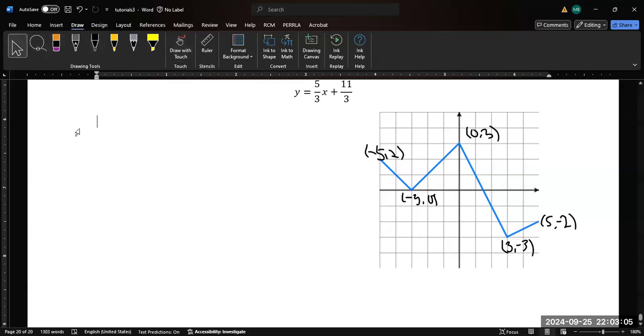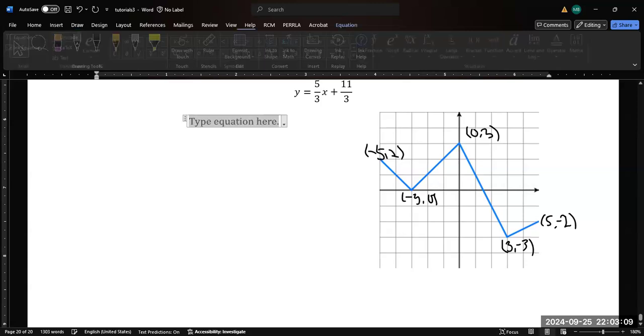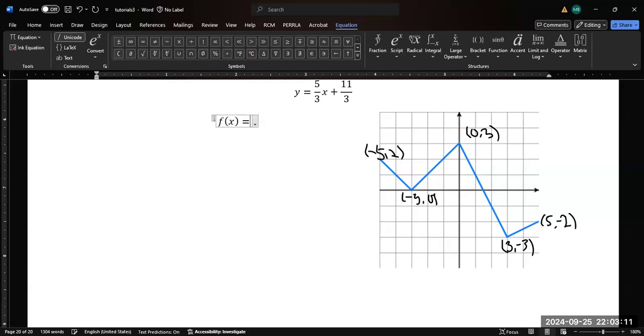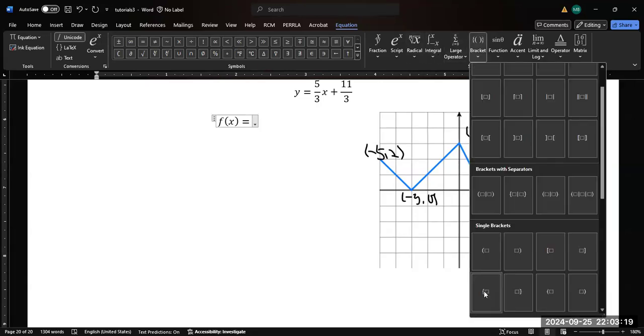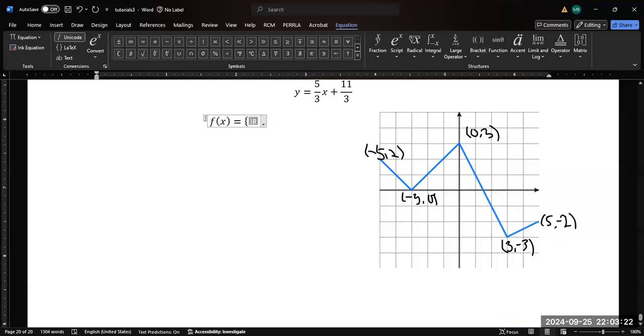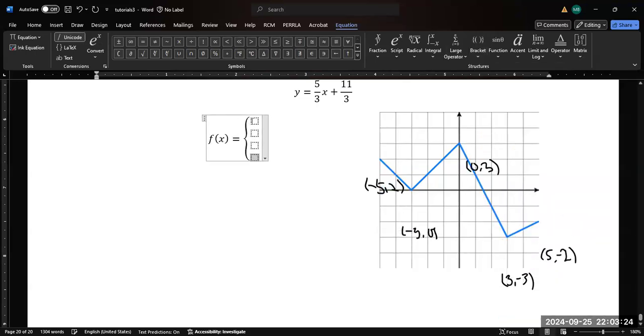So let's now come up with the form of our equation, and then we'll start filling stuff in. So we're going to have 1, 2, 3, 4 segments.